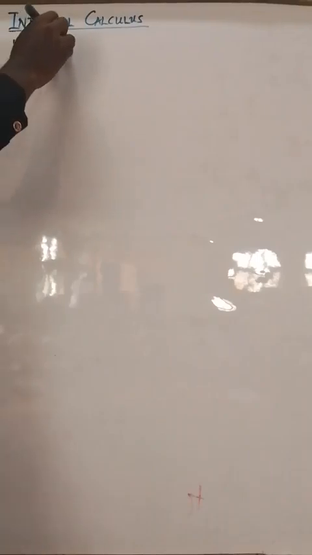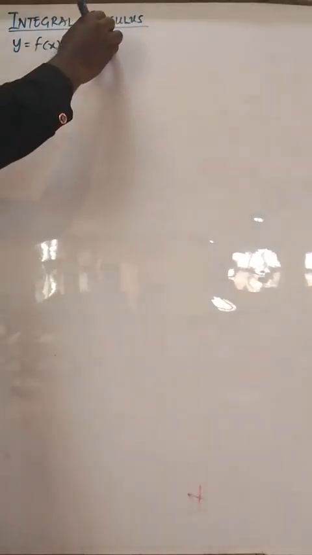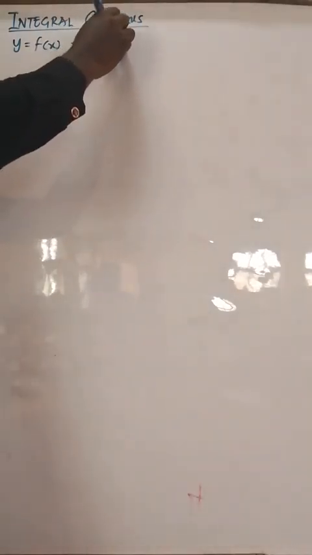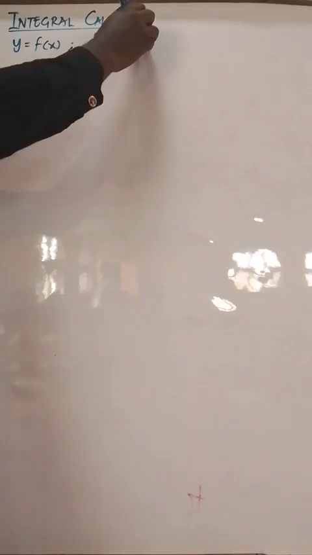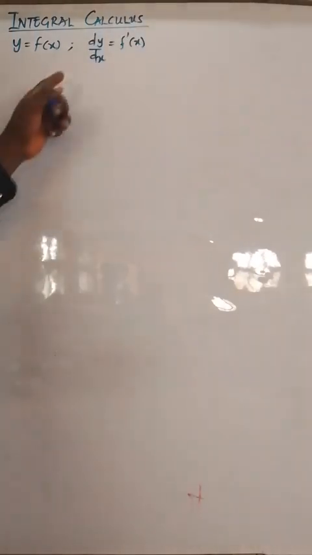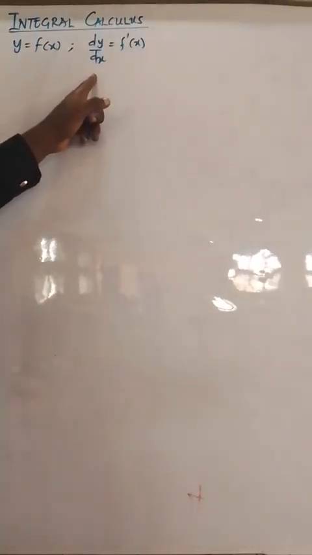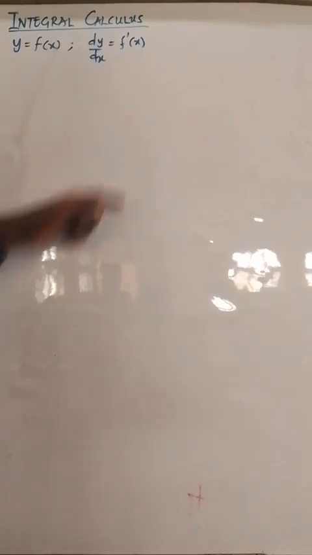In our last class, we already established that if we have a function y, which is a function of x, the gradient of the function dy/dx can be written as f prime of x. These are called derivative or the gradient differentiation.